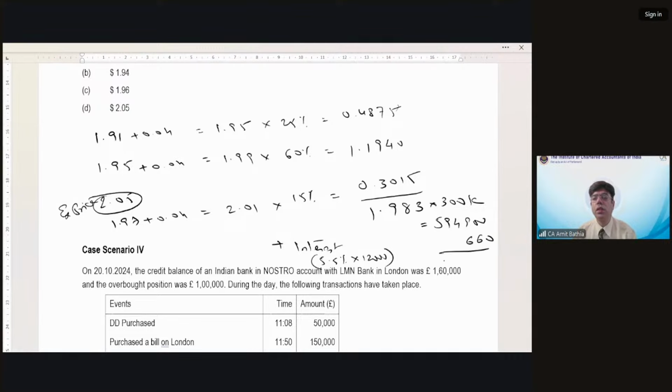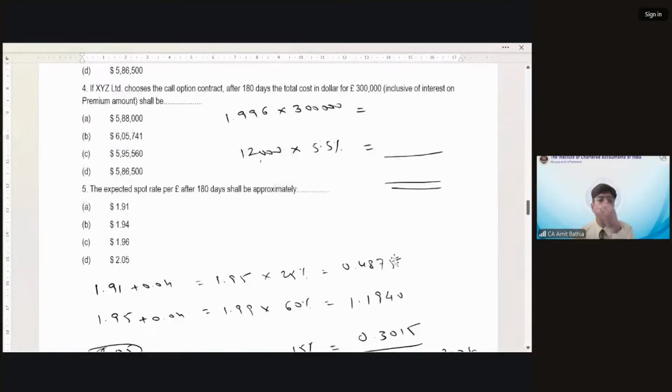This comes to 595,560. Yes, 595,560. This is the correct answer. 595,560. This will be 1.983. Okay.